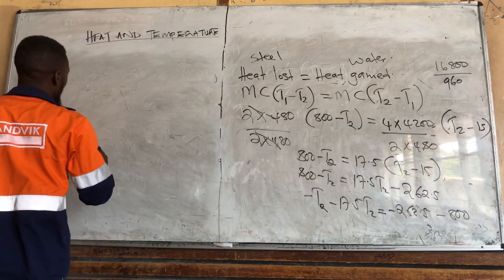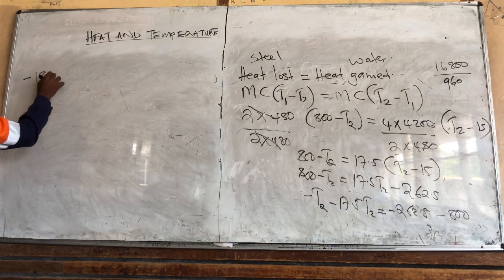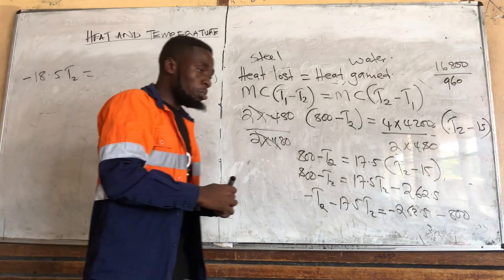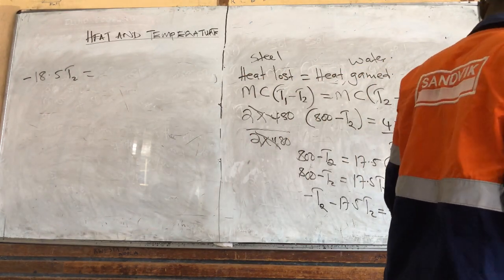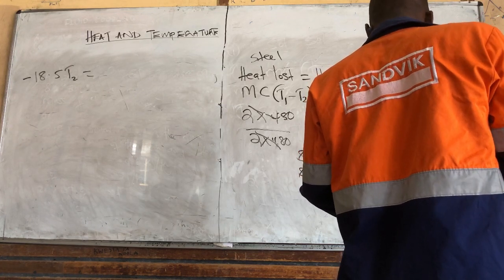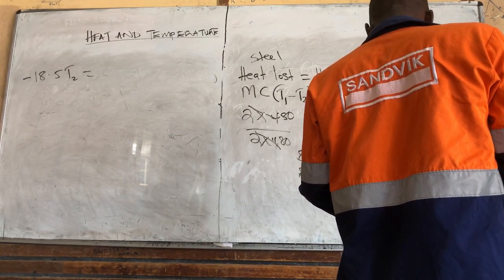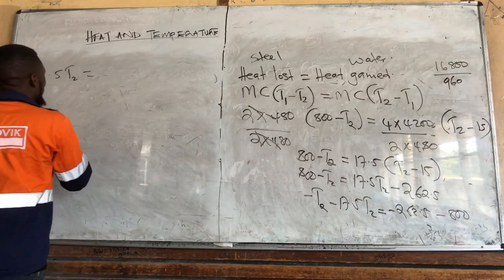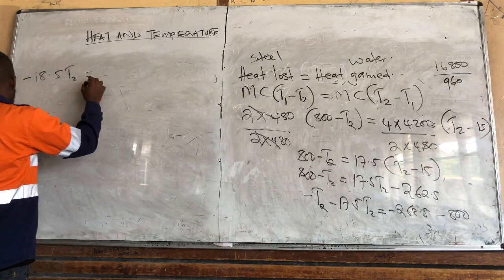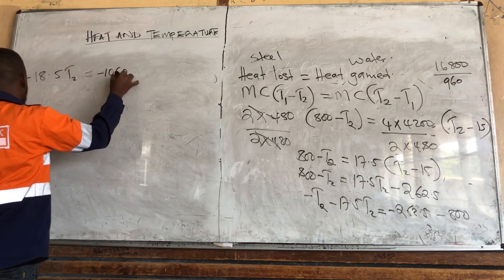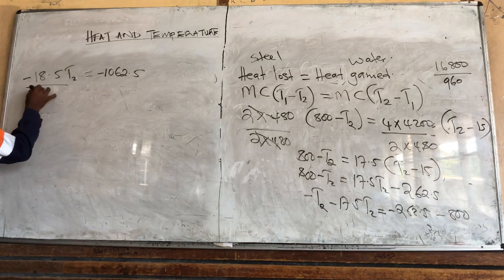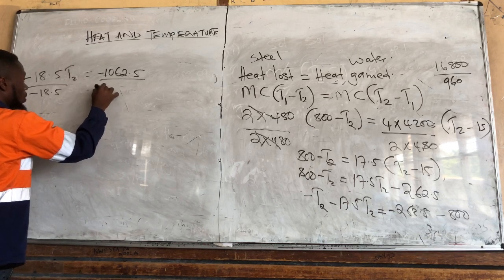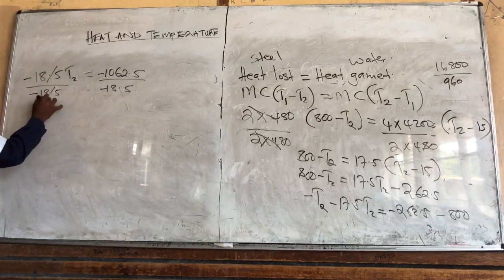This one is negative 18.5 T2 is equal to what?